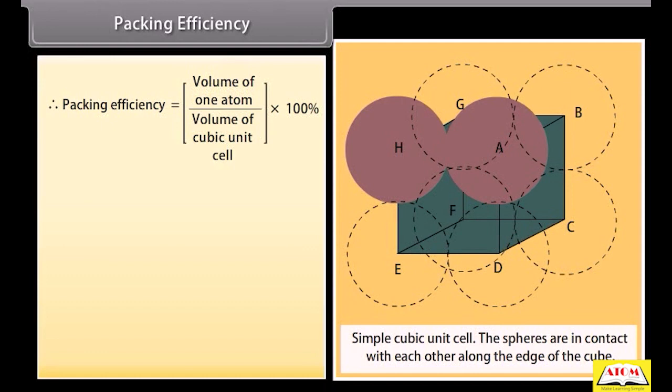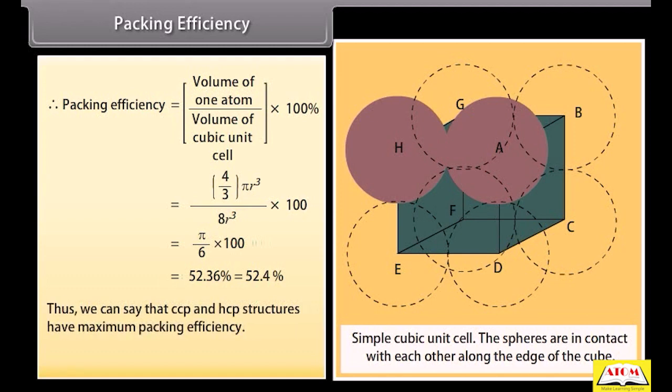Therefore, packing efficiency is equal to volume of one atom upon volume of cubic unit cell into 100%, which is equal to 4/3 πr cube upon 8r cube into 100, which is equal to π/6 into 100, which equals 52.36%, which is equal to 52.4%. Thus, we can say that CCP and HCP structures have maximum packing efficiency.